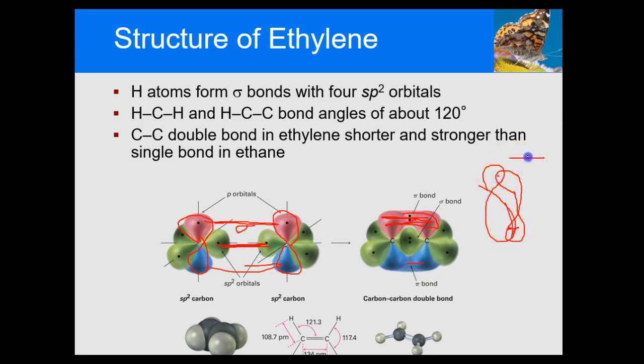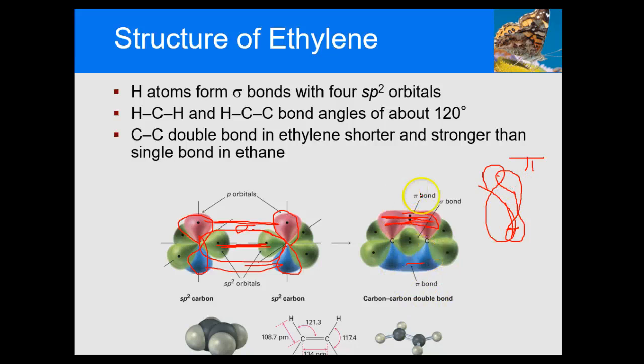That's a pi bond. A pi bond is when you have these 2 p orbitals coming together and bonding side by side. The green ones, the hybridized ones, are head-on overlap. They aren't side-on overlap, they're head-on. That's why it's a sigma bond. The pi bond is side-on.